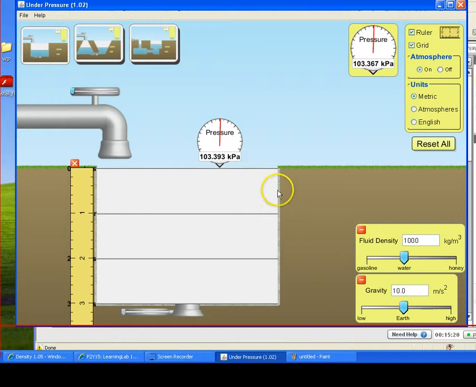Okay, let's also try and move this along the 2 meter line. Let's move it horizontally. What's the pressure? It's about 103.417. Now we're going to move it horizontally along this line. Can you see that the pressure doesn't change as long as I keep it on the 2 meter line?